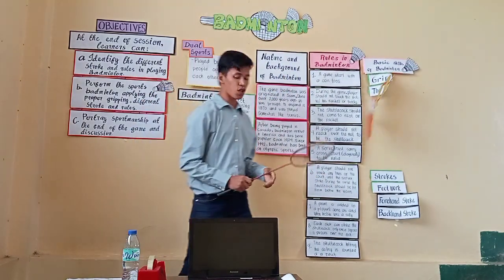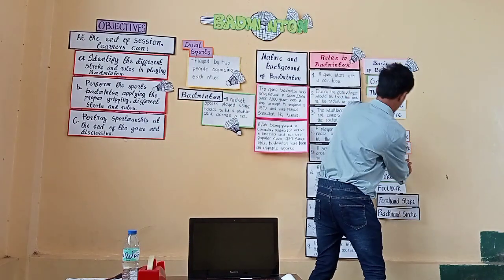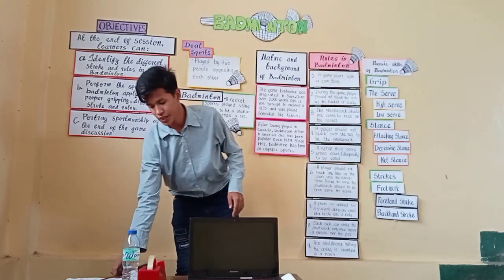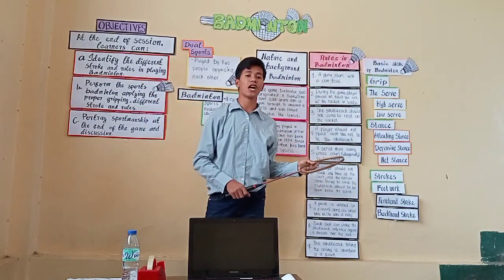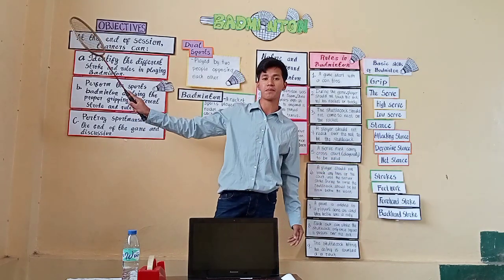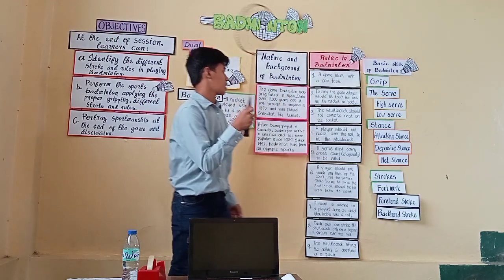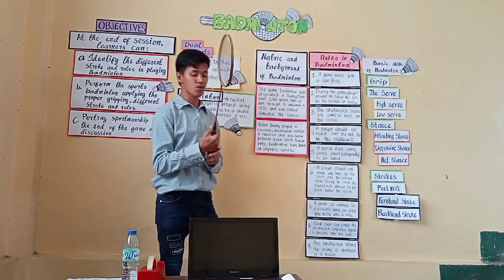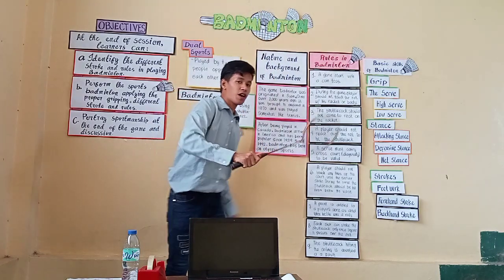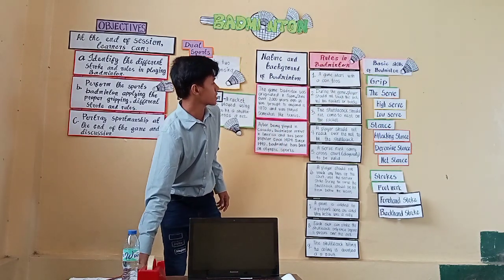There are two styles of gripping. When you want a forehand stroke, your grip must be like this. When you grip for a backhand stroke, your thumb must press on this, and the force will be on your thumb.